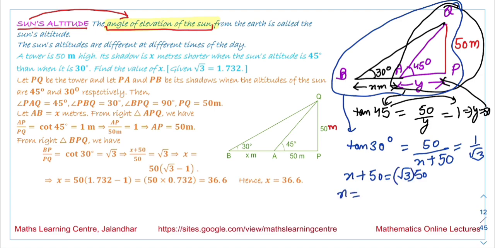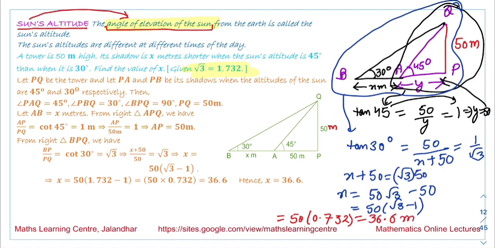So the value of x that we will get is 50 root 3 minus 50, that is equal to 50 into root 3 minus 1. The value of square root 3 is given to be 1.732. So the answer we get is 50 into 0.732, that is equal to 36.6 meters. So this is the value of x that we obtain.